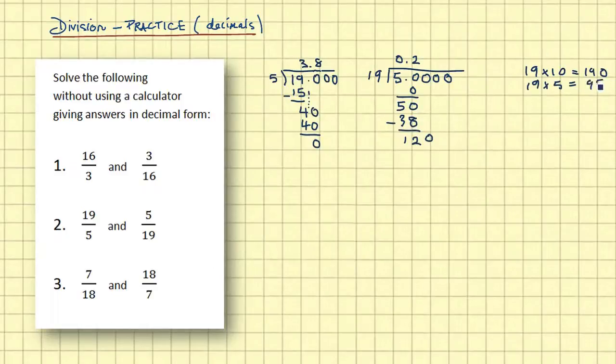So that's going to be 95. Let's try 6 times 19. 19 times 6. So, well, that's going to be 1 more 19 than 5 times 19. So if we add a 19 onto here, it's like adding a 20 on, subtracting 1. So we've got 115, 114. Okay? So 19 times 6 is 114.